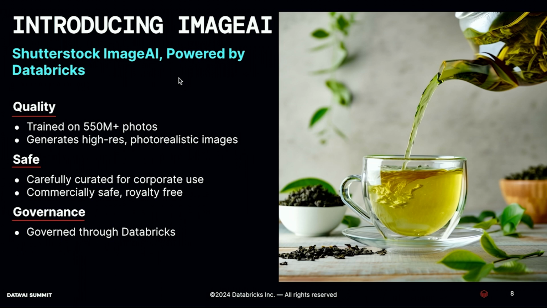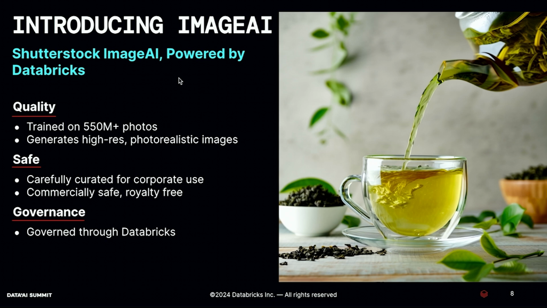I wanted to highlight 3 key features of this model. One is quality. This was trained on over 550 million photos. And I think what makes this model stand out is that all the data is from a trusted data source. We worked with Shutterstock and used their proprietary image repository, and all of their data is licensed.